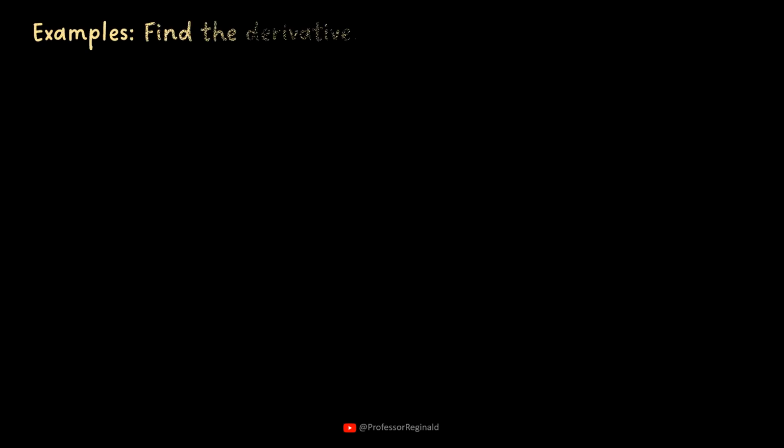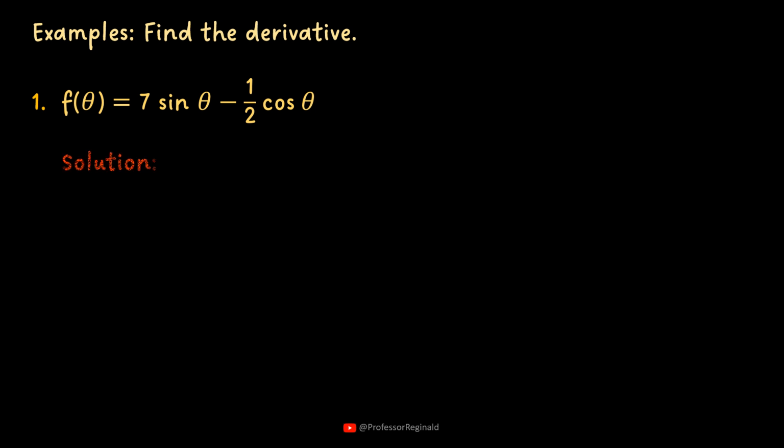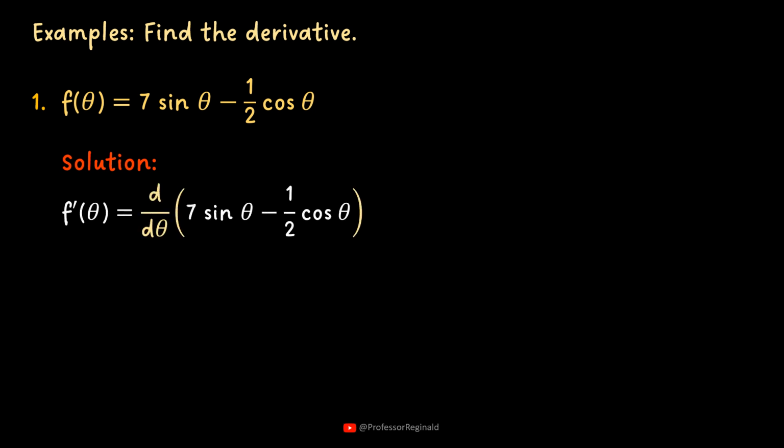Examples. Find the derivative. Number 1. F of theta equals 7 times the sine of theta minus 1/2 of cosine of theta. Solution. F prime of theta is the derivative of f with respect to theta.